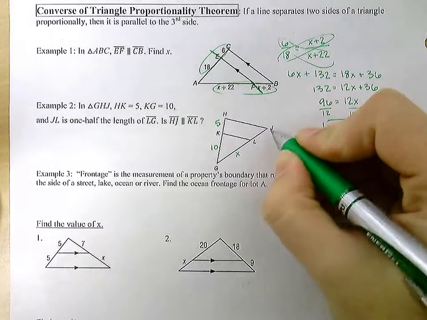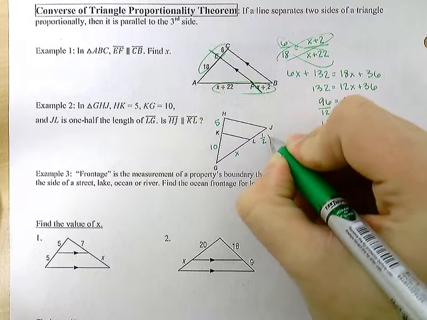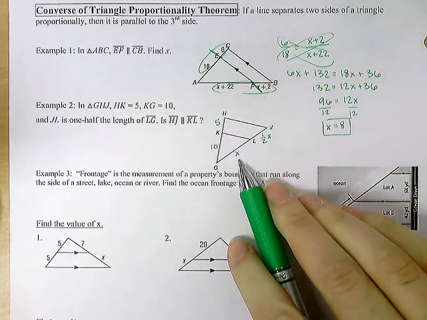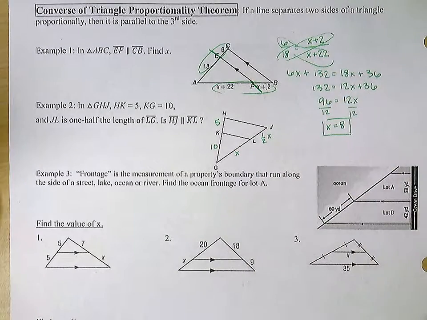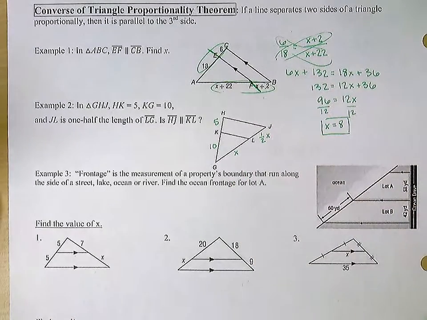So that means LJ is 1/2 X because LG is X. Okay, and we want to show that or see if HJ is parallel to KL. Now, in order for them to be parallel, their ratios have to be equal.